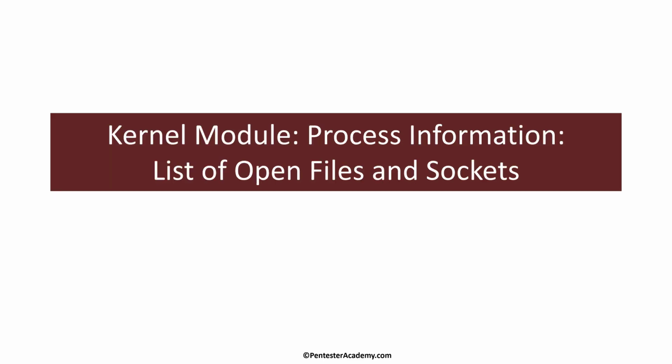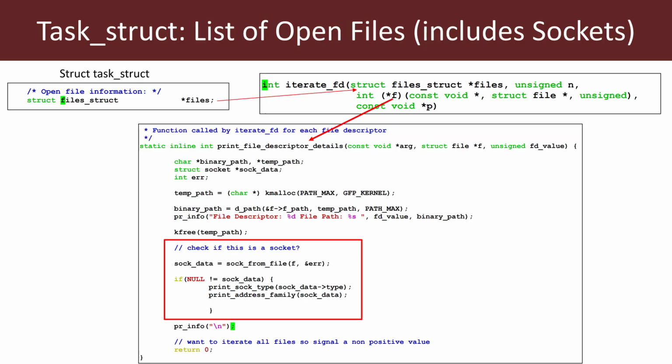Now in this video, we'll continue to look at other interesting aspects of process information. Specifically, we want to look at the list of open files and sockets. The way we can get this is inside the task_struct. We have a member which is a pointer to files_struct, and this contains information about all the open files.